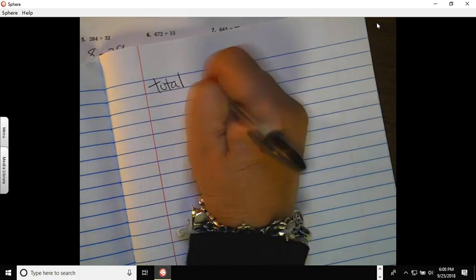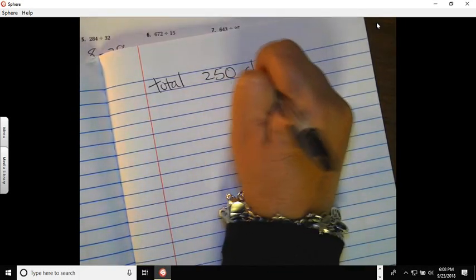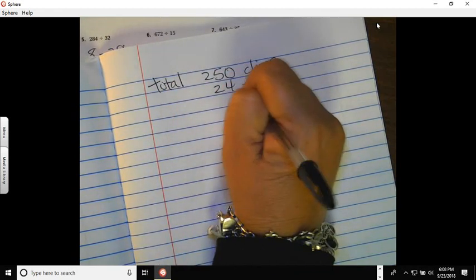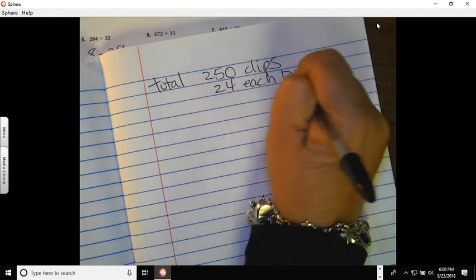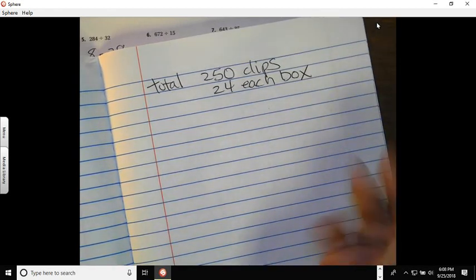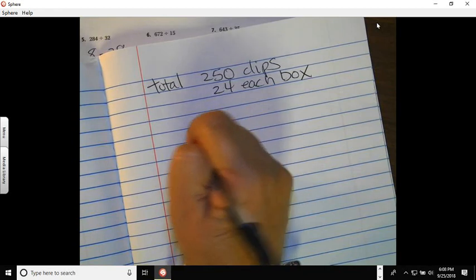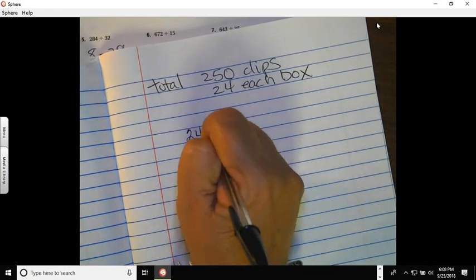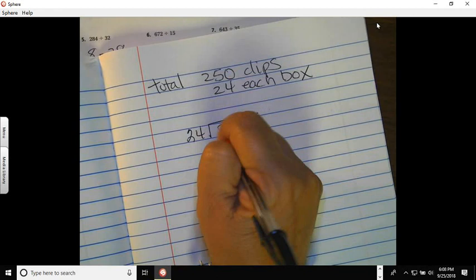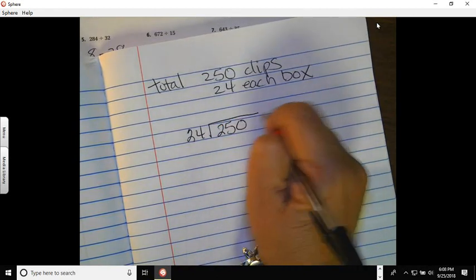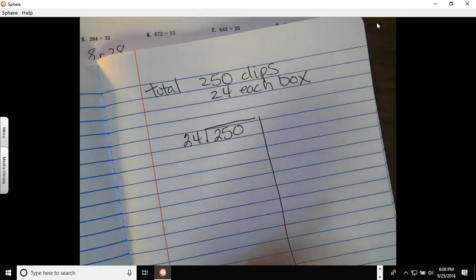My total amount is 250 clips, 24 in each box. So how many boxes? So now this is my divisor, which is 24. This is my dividend. It's the total amount that's given. And now I'm going to divide.